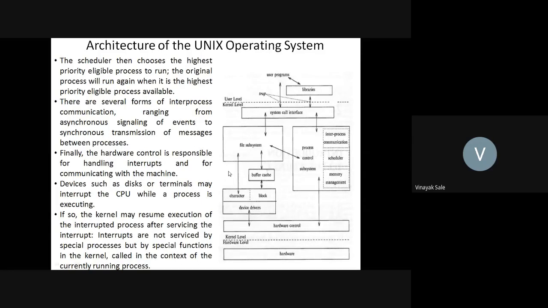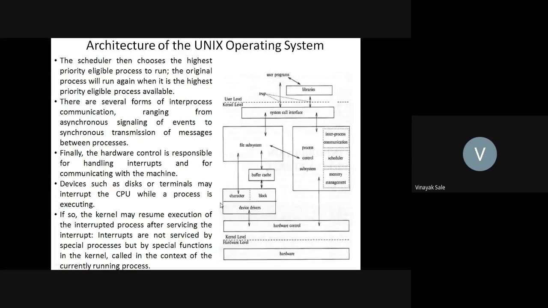Finally, the hardware control part. Hardware control is responsible for handling interrupts and for communicating with the machine. Devices such as a disk or terminals may interrupt the CPU while a process is executing.